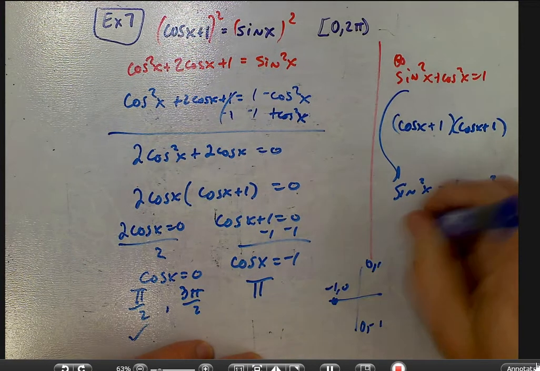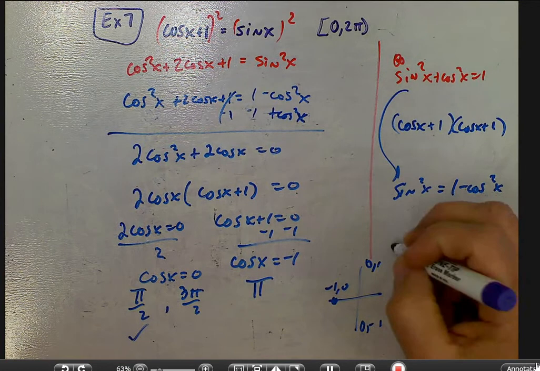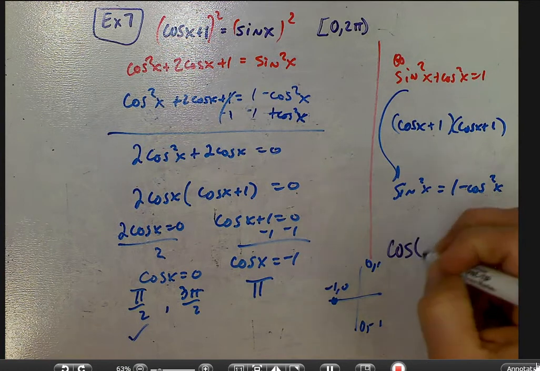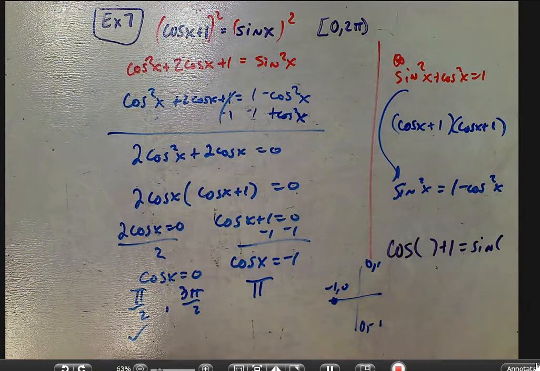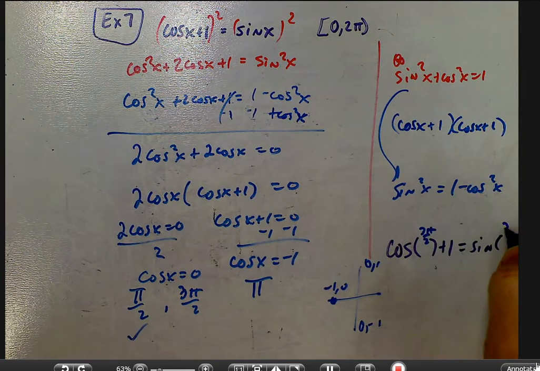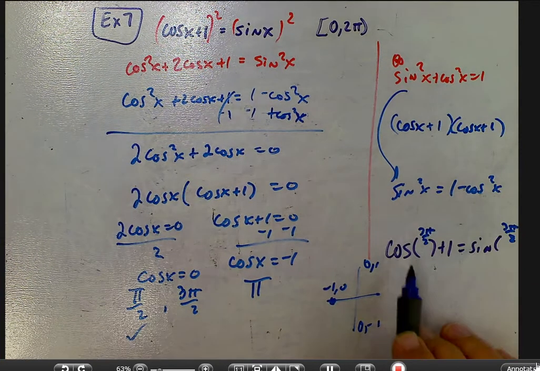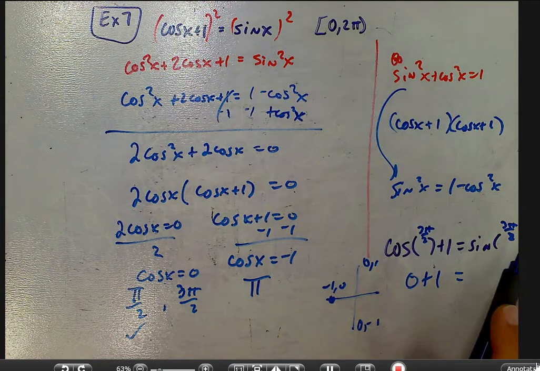Erase that again. And now we're going to put it in the cosine of something plus 1 equals the sine of something. Okay, so now I'm going to put in 3 pi over 2. Well, the cosine of 3 pi over 2 is 0, so 0 plus 1. The sine of 3 pi over 2 is negative 1.